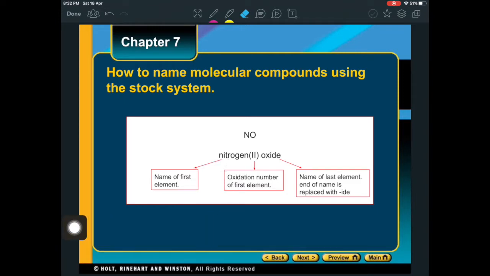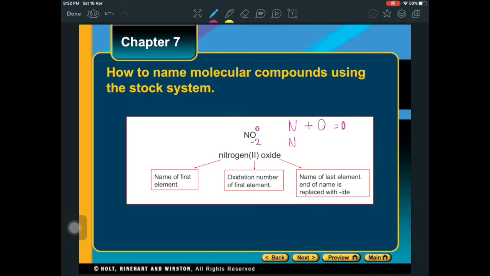So let's go ahead and try to prove that. I can see here that this whole thing has an overall charge of 0. So I know that it's N plus O equal to 0, right? Now I know that when oxygen is bound to other nonmetals, it's not bound to fluorine, it's not in the form of a peroxide, it has an oxidation number of -2.